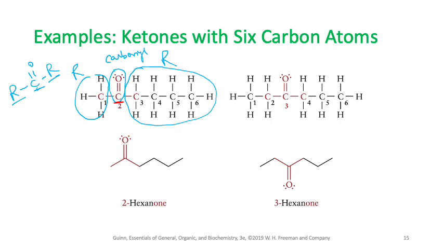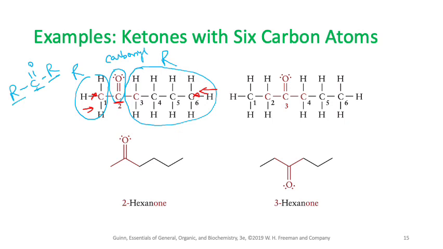You always have to start counting from the corner or terminal carbon. So we have two terminal carbons, this carbon and this carbon. Either I can start counting from here, 1 2 3 4, or on this side, 1 2 3 4. So we have to decide which one is the right way of counting.